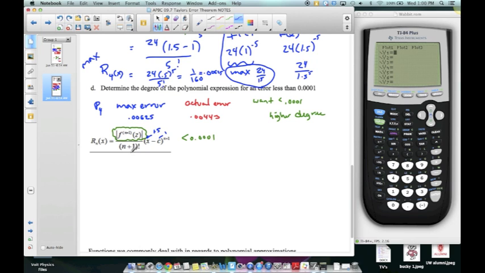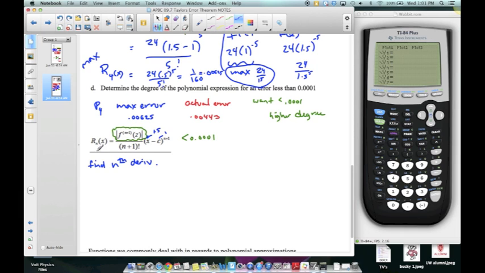This number is going to depend upon what it's going to take to get this below 0.0001. So we have to look at the expression for the derivative and find the nth derivative. We have to find an expression for the nth derivative, and then rewrite that for the next derivative, because that's what this is saying.